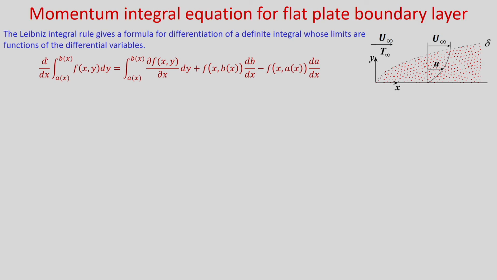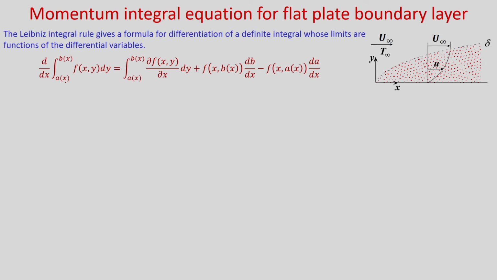So, if you have d by dx of integral a to b of f of x, y dy, you can write integral a to b del f by del x dy plus f at y is equal to b times db by dx minus f at y is equal to a times da by dx. Here a and b are the limits and functions of x.